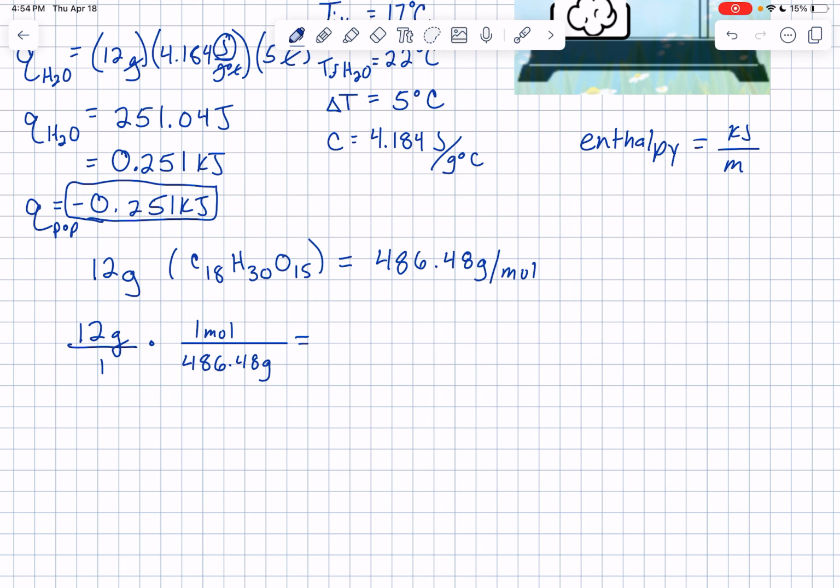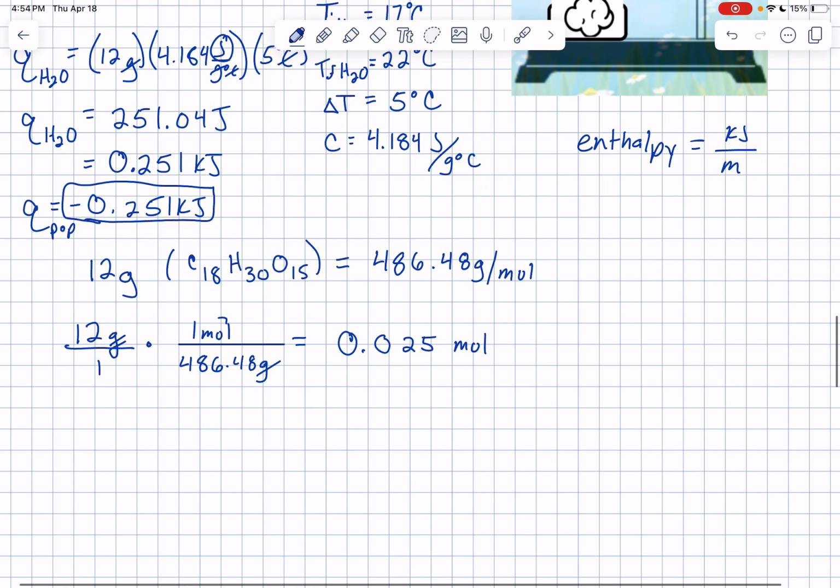And so this gives me 0.025 moles of popcorn. My grams cancel out, so I end up with moles. And so now I need to determine the enthalpy.